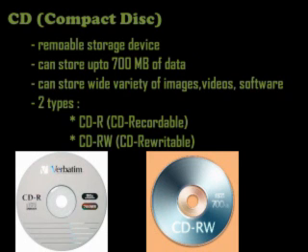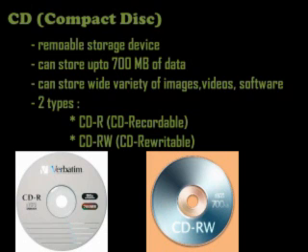It is classified into two types, CDR and CDRW. CDR full form is CD recordable. In this CD, data can be written only once. Once it is written, then we cannot delete from this CD.